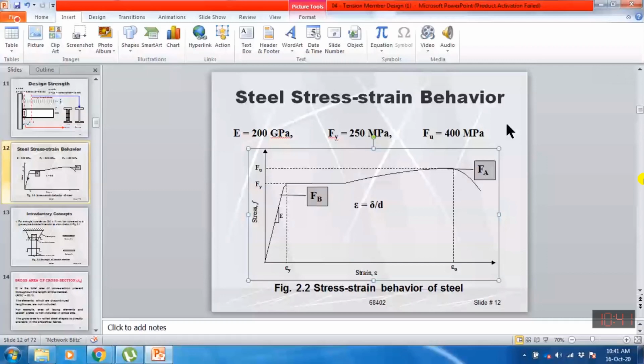So now I will come back and explain it again. We technically have two types of failure. The failure may occur either due to yielding at the gross area or rupture at the net area. So we want to avoid the ultimate stress being approached at the net area, but at the same time we do not want the stress to exceed the yield limit at the gross area.